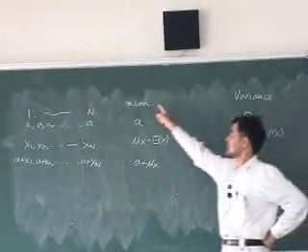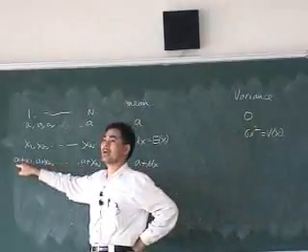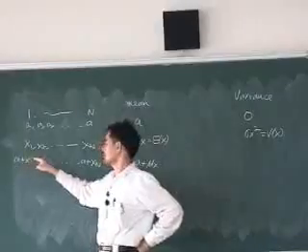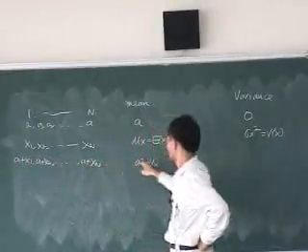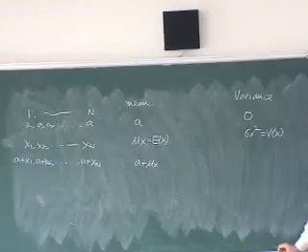Because for each number, you add a, the mean is increased by a. What about here? Variance. What should that be equal to?